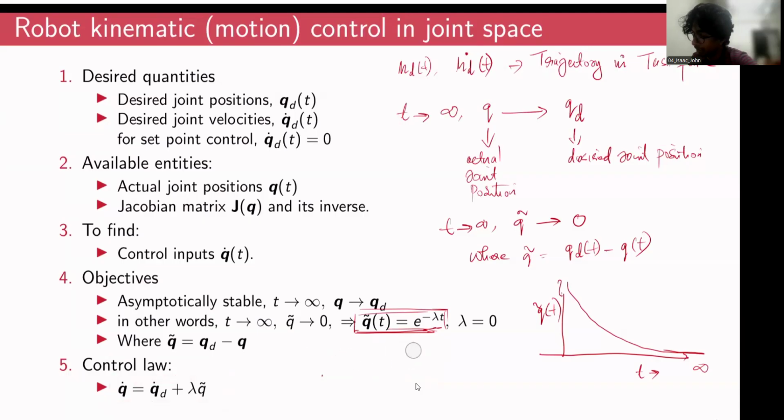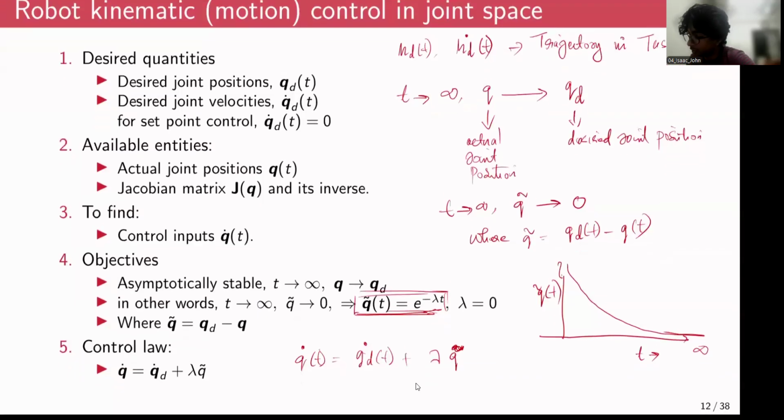So that will be something like q dot of t should be equal to q desired dot of t plus lambda multiplied by q tilde.